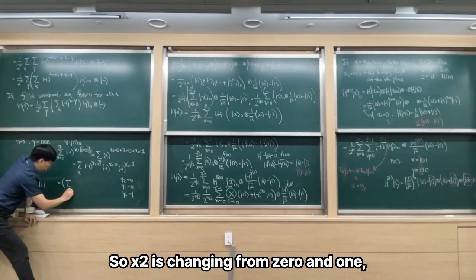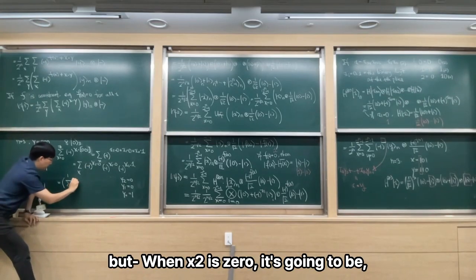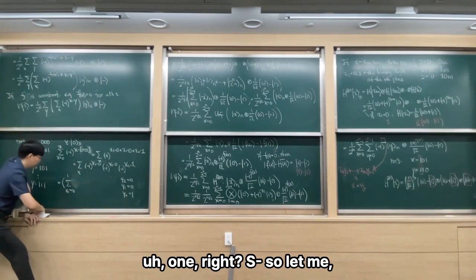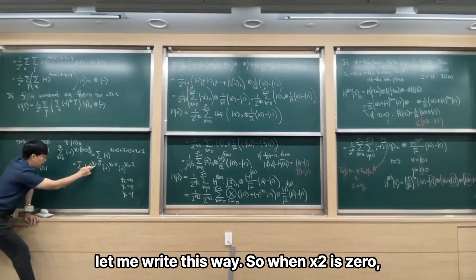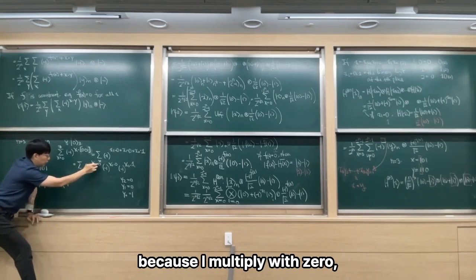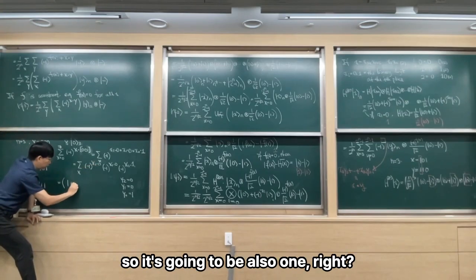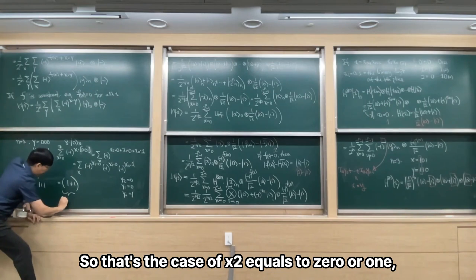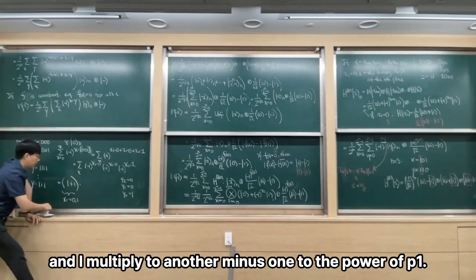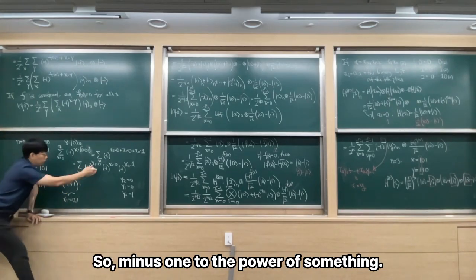So x2 is changing from 0 and 1, but when x2 is 0, it's going to be 1, right? So when x2 is 0, it's going to be 1, and when x2 is 1, then it's also 1 because I multiply with 0, so it's going to be also 1, right? So that's the case of x2 equals 0 or 1. And I multiply it by another minus 1 to the power of something.